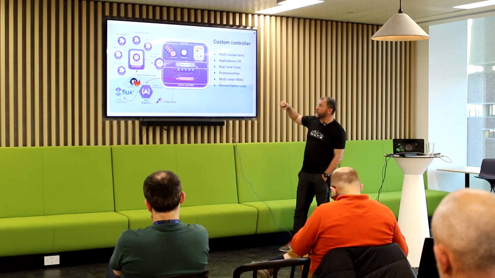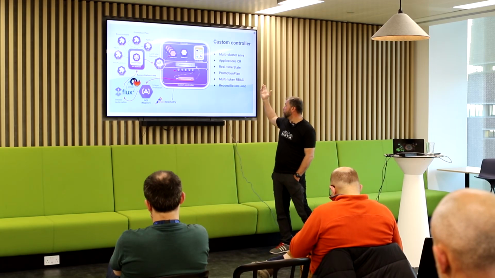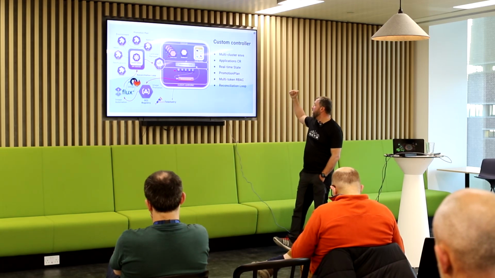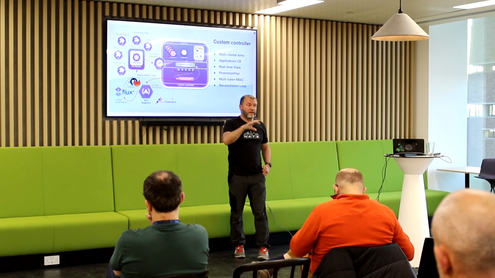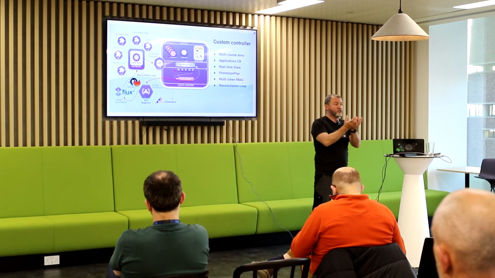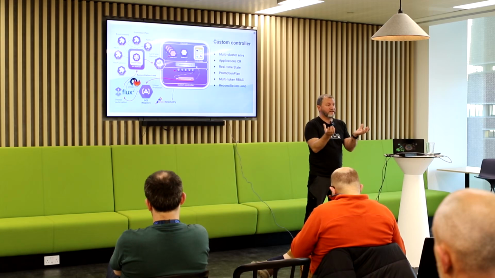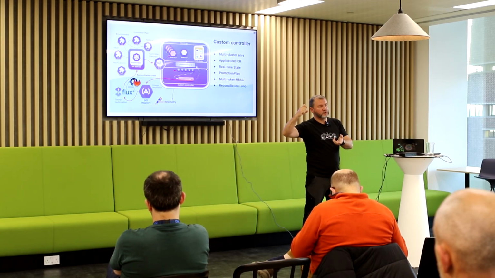There is no analytics from the pipeline to the application, and simple checks don't actually work. So that's why we created some custom resources: the application CR, application custom resource, promotion plan, and so on. As mentioned before about the landing zone, each application, for example a new project, has a landing zone instrumented with our application custom resources.